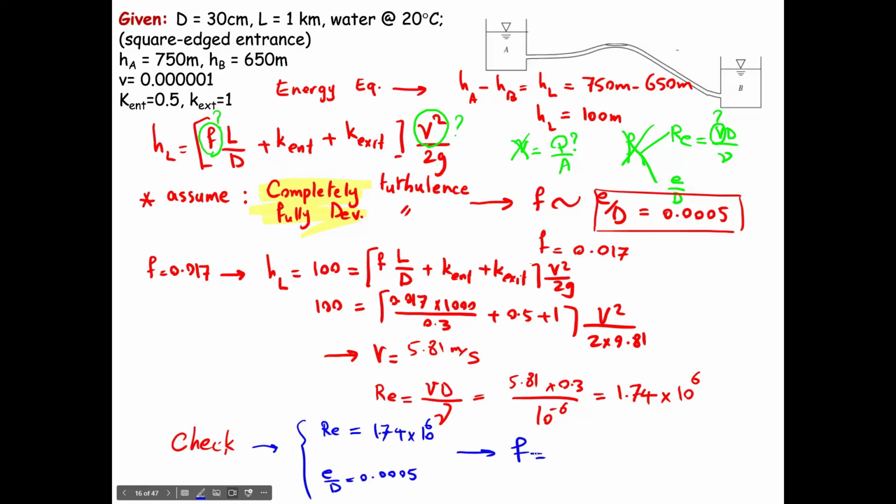Guys, I'm not going to show you the Moody diagram again because if you remember, these are the exact numbers that we read F from. So F is this one. F old is equal to F new. So it means that you were right.